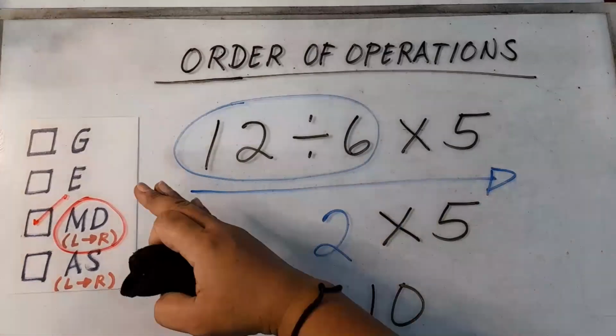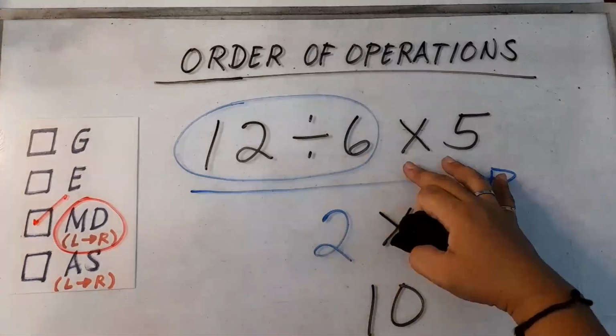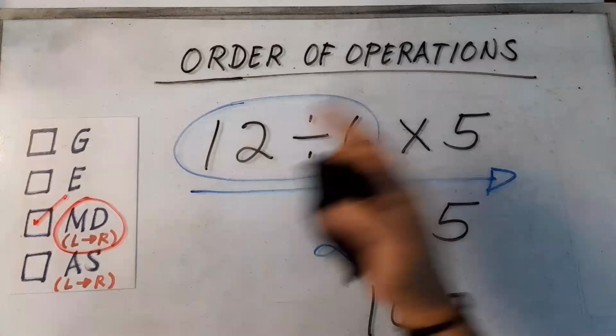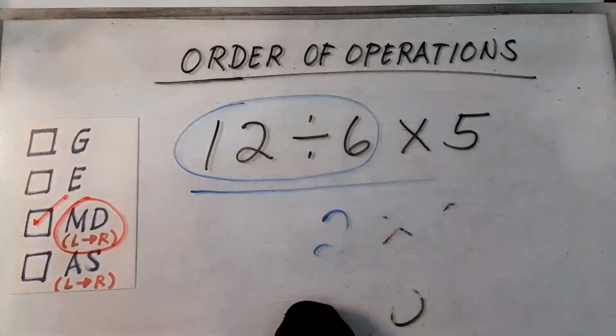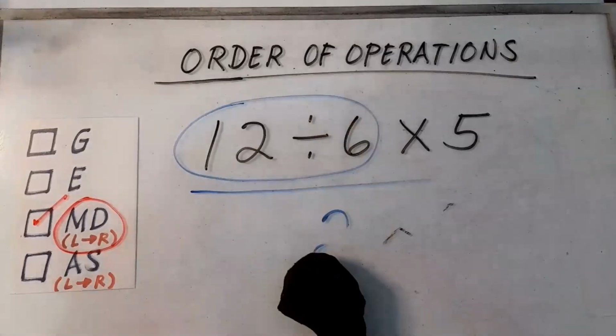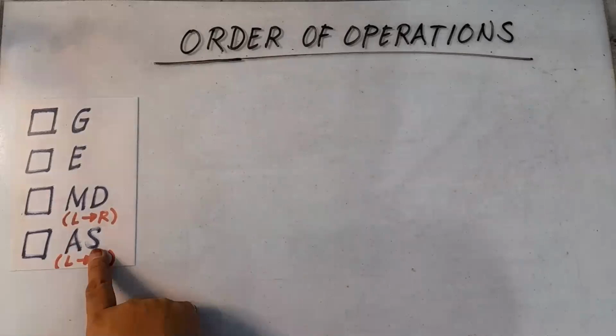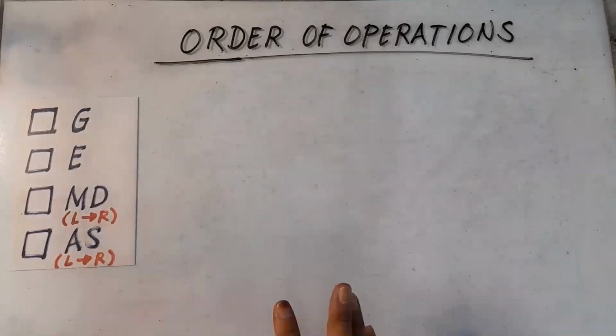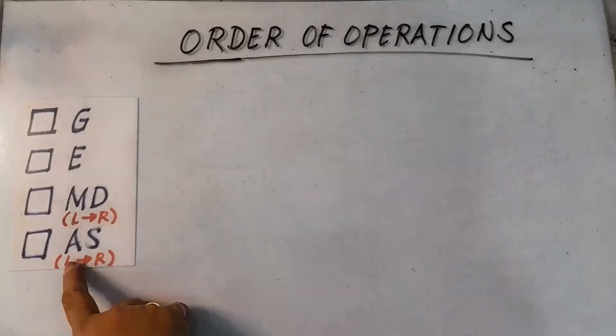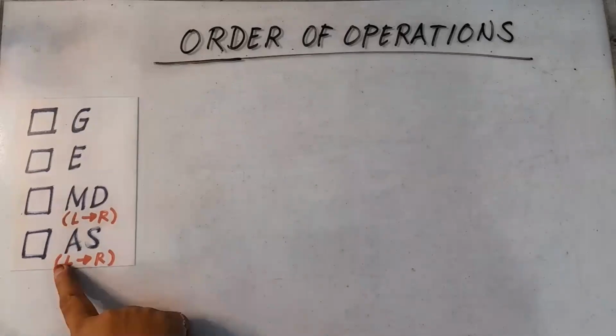Hindi yung 6 times 5 muna, tapos saka i-divide yung 12 by 30. Okay? Same goes with addition and subtraction. Kung wala kayong makikitang ibang operations, kung hindi addition and subtraction, we perform the operations from left to right.